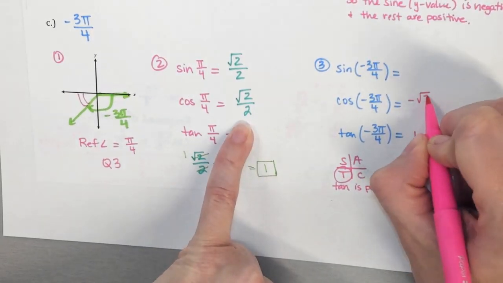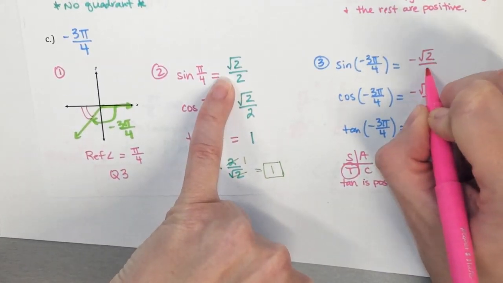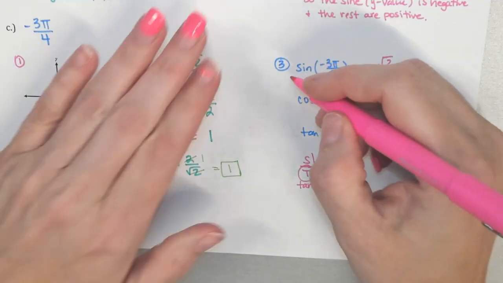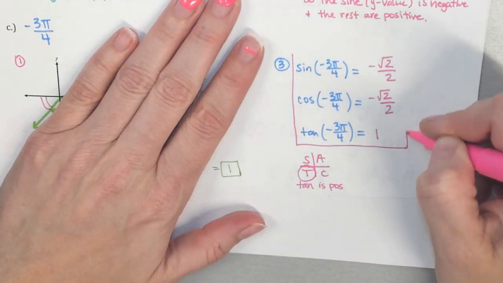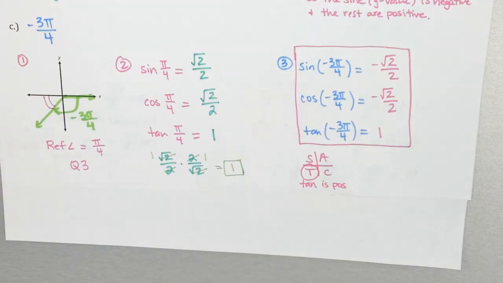This becomes a -√2/2, and this becomes -√2/2. Okay, so the ones that are the 3 steps are going to be your reference angle problems.